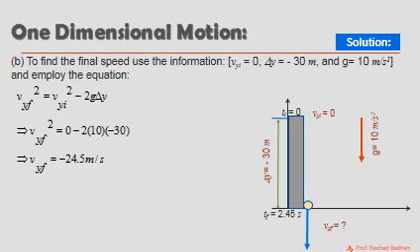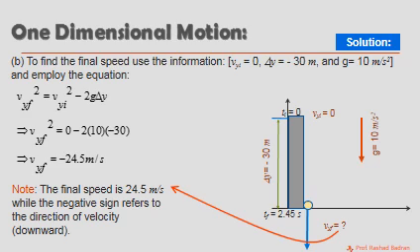I'm going to choose the minus sign. The magnitude of the speed is 24.5 meters per second for the final velocity, and the minus sign, as we said before, refers to the direction of the velocity downward.